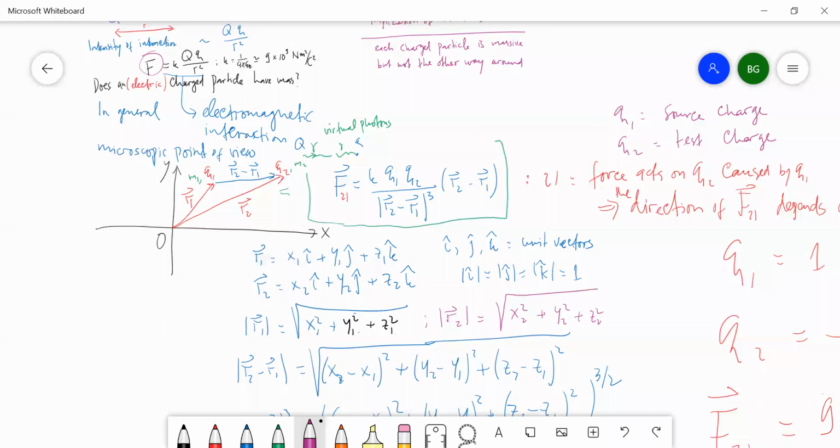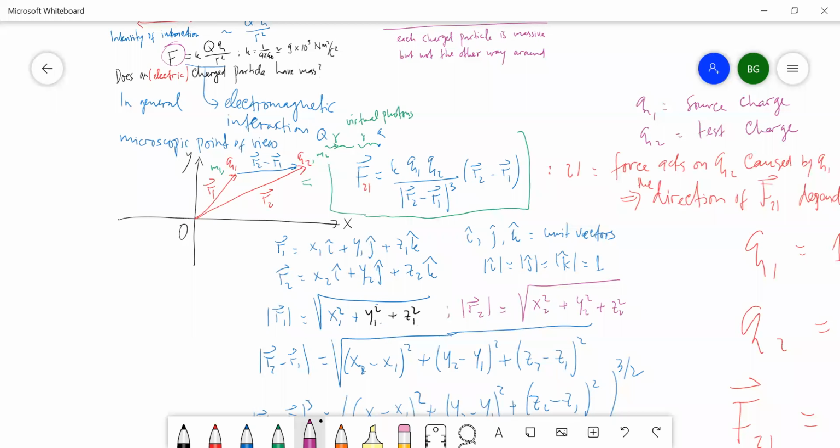If we look at this coordinate system, with the y-axis and x-axis, the z-axis comes directly out of the board toward you.